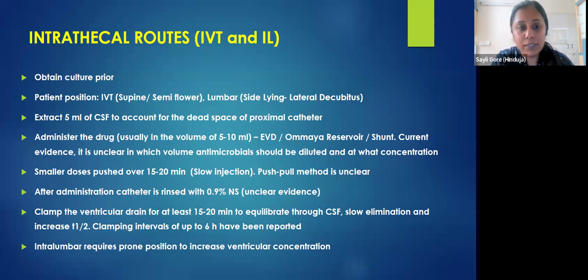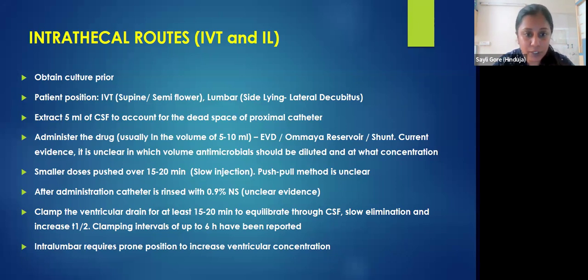But by the current evidence, it is not clear which volume the antimicrobial should be diluted in and at what concentration. But the studies and even the IDSA intraventricular guidelines, if you see, are all suggesting that you administer the minimal volume and concentration. So the smaller doses are pushed over 15 to 20 minutes.